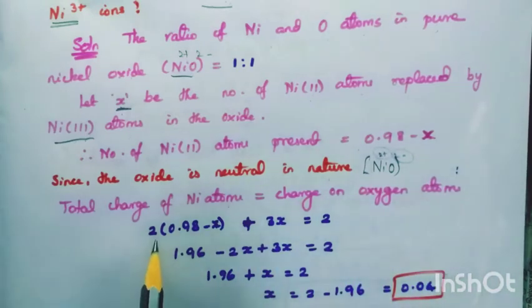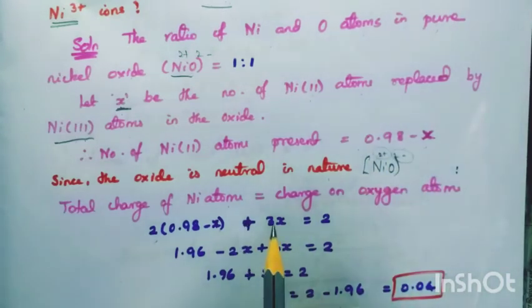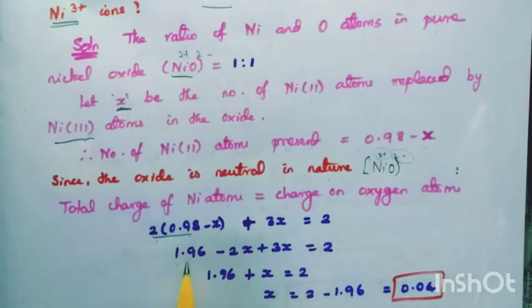So we can write this as 2 into (0.98 minus X) plus 3X, that is Ni3+, equal to 2, the charge on the oxygen. Multiplying, this becomes 1.96 minus 2X plus 3X equal to 2.